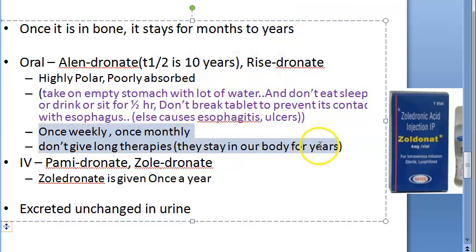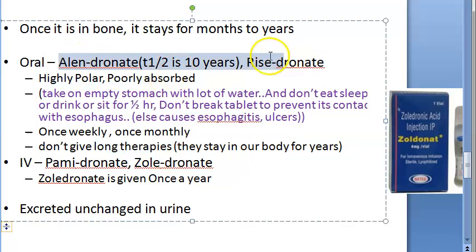These drugs are given once weekly, once monthly, or once yearly because their half-life is so huge. And you should not give them in long therapies, not for 5 years, etc. For Paget's disease of bone, you should give only for 6 months. Alendronate has a half-life of 10 years, so you should give it for a maximum of 5 years.